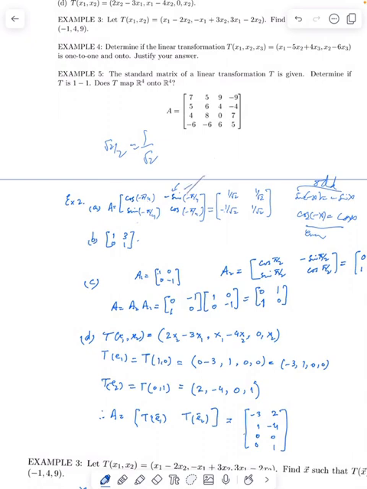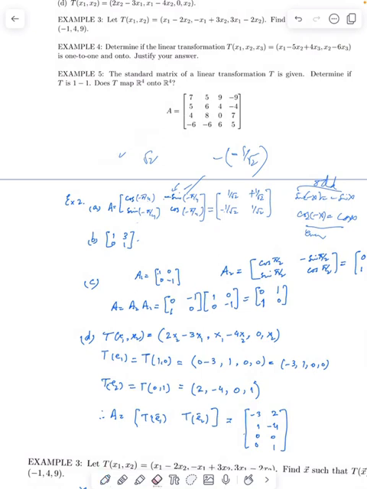So in the first row we get positive 1 over square root of 2, because one negative sign is already present in the matrix, and the other negative sign comes out because sine is odd. So negative makes it positive here. In the second row, sine of negative pi over 4 is negative 1 over square root of 2, and cosine of negative pi over 4 is 1 over square root of 2. So this is our final answer.